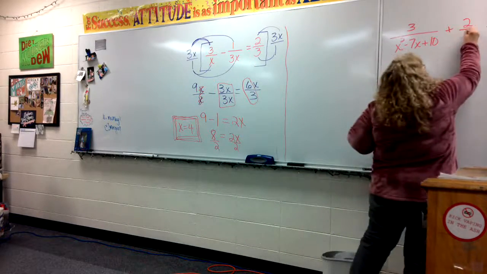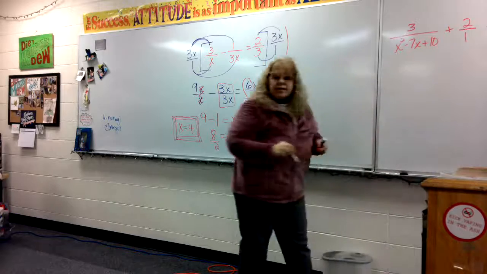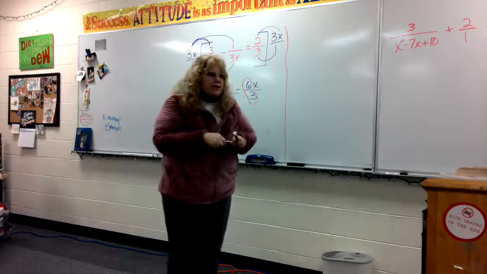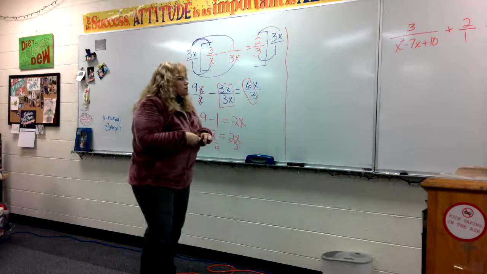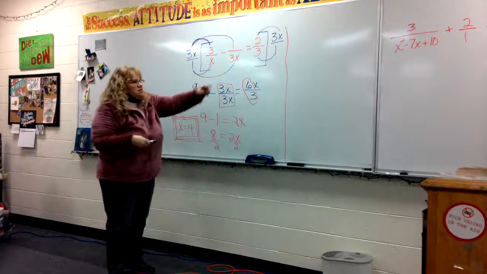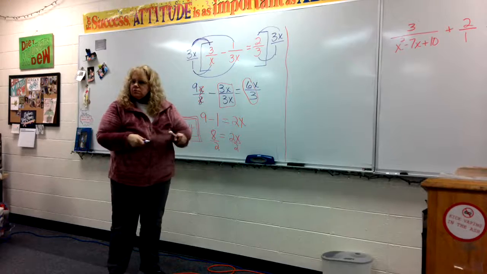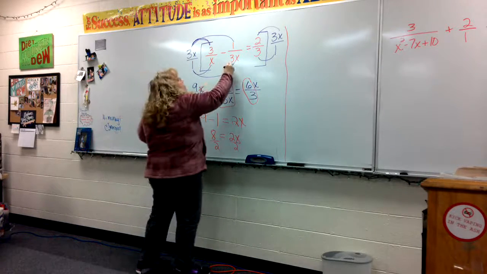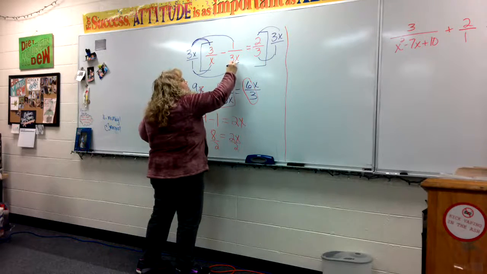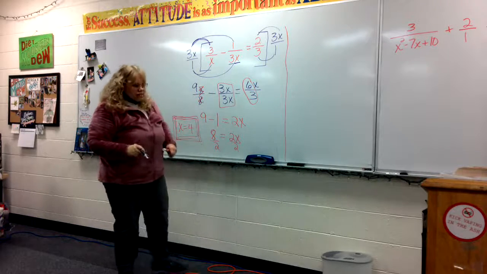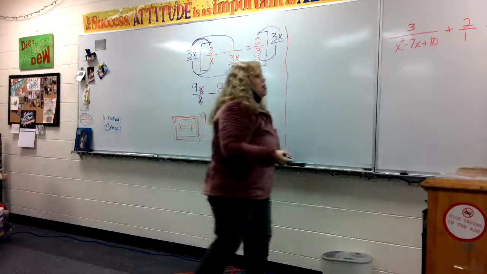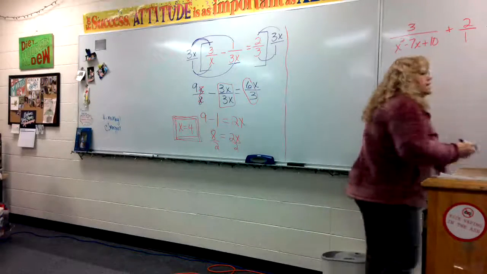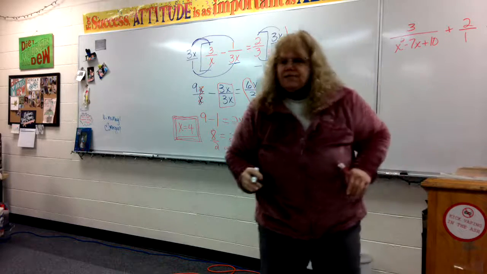I'll put a 1 under here. Oh boy. Remember, we've got to figure out what the common denominator is. From this to that. Remember over here, I need to have one of those. It's just now that one of those things I need is now going to be a whole x minus 5.